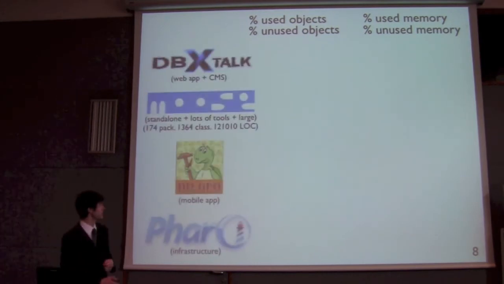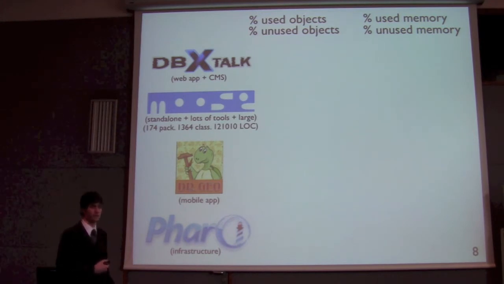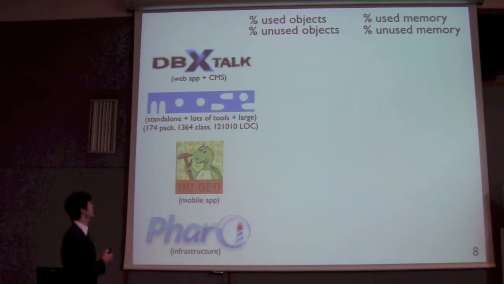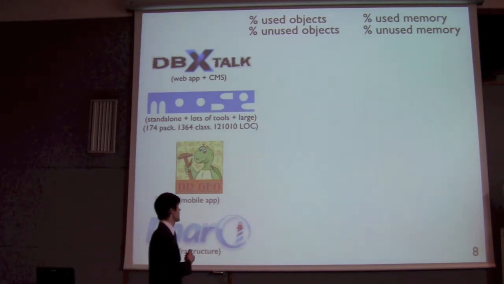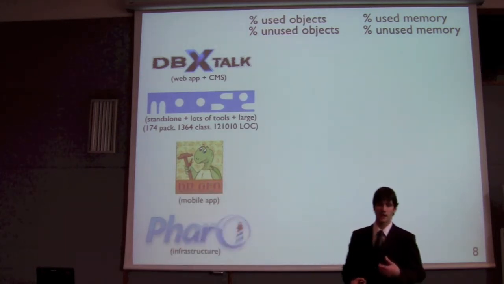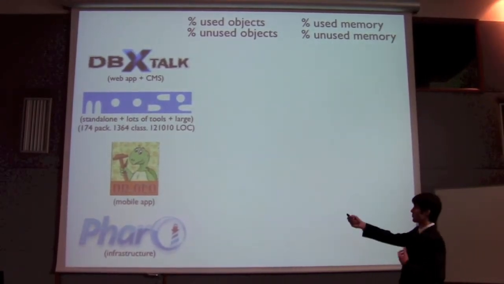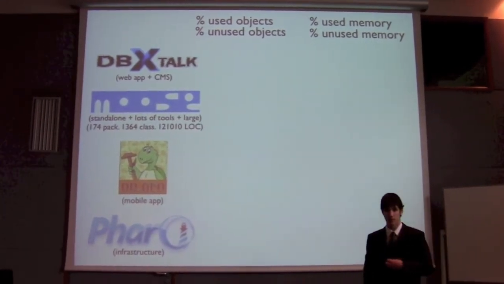So what I did is an experiment where I took different applications. These are real-world applications. Each of them has different key characteristics. For example, the first one is the website of the DBEX project, so it's a website. The second one is Moose, which is a tool for visualizing and analyzing software, whose key characteristic is that it's really, really large. It has a lot of packages, classes, and methods.